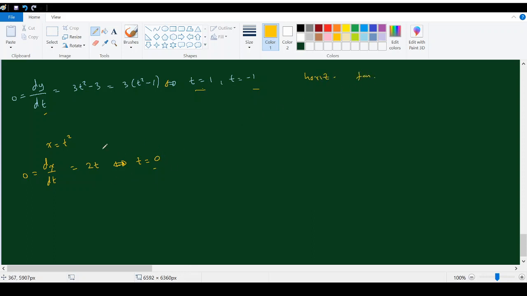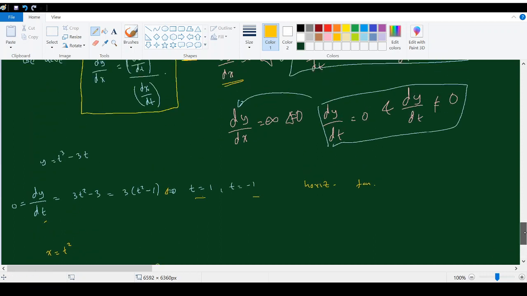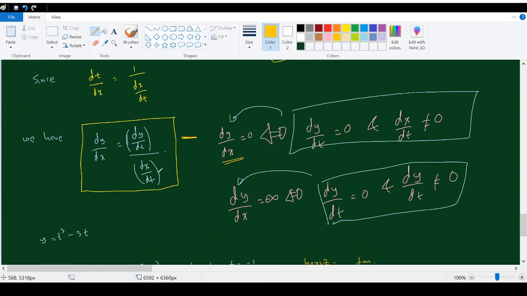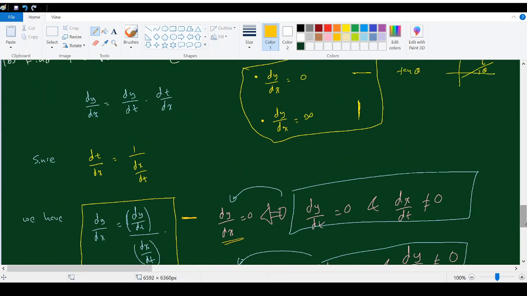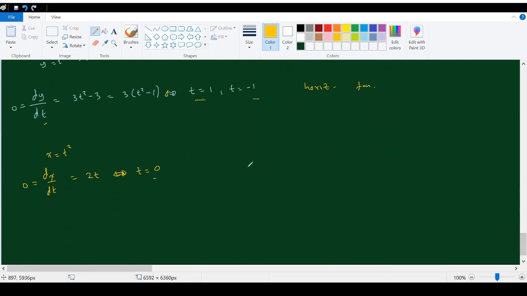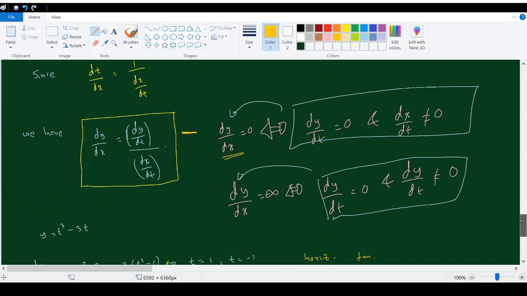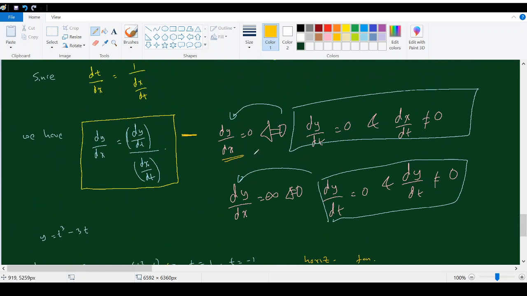And at this point, when the denominator of this equation becomes 0, the curve will get a vertical tangent, right? So here you will get a vertical tangent. And now we have some more information about our graph, right?